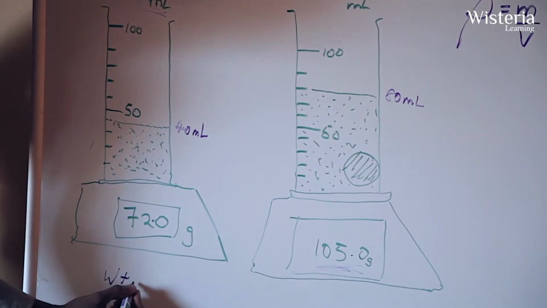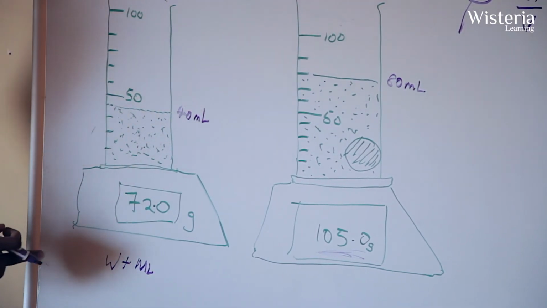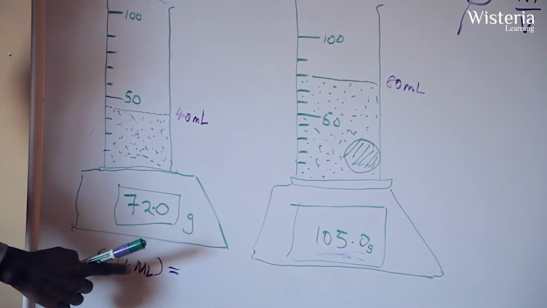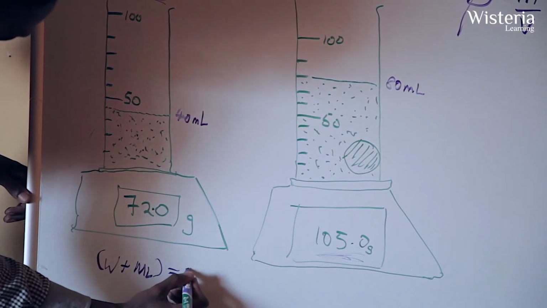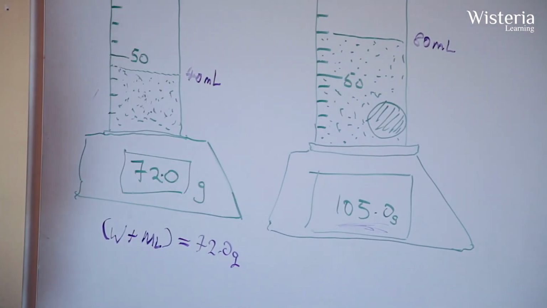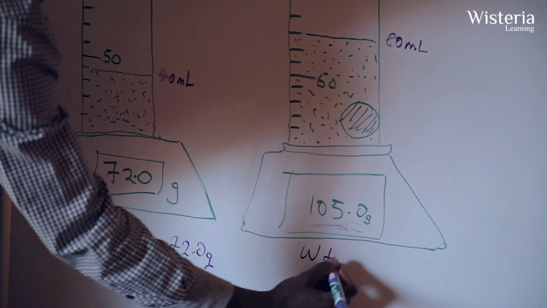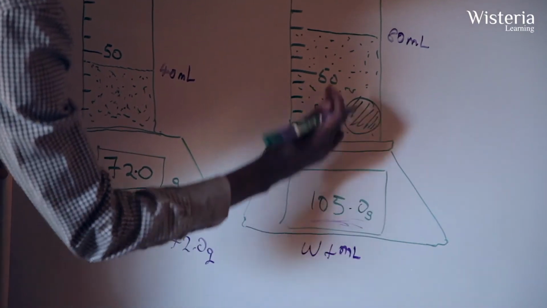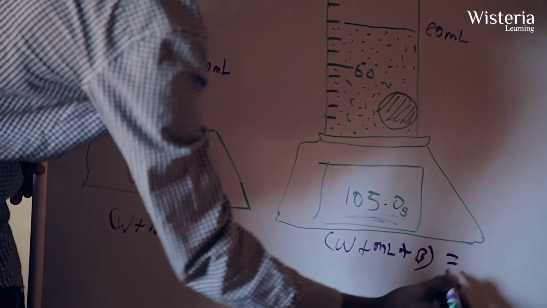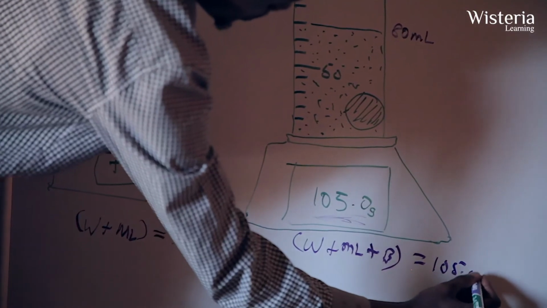Added together we get the mass of water and measuring cylinder equal to 72.0 grams. But here we have mass of water plus measuring cylinder plus the ball, and this will give us the mass, which is 105.0 grams.